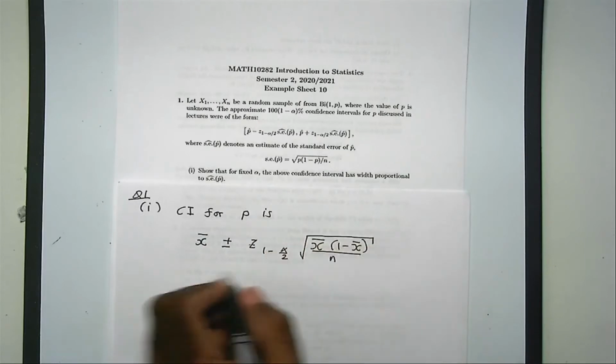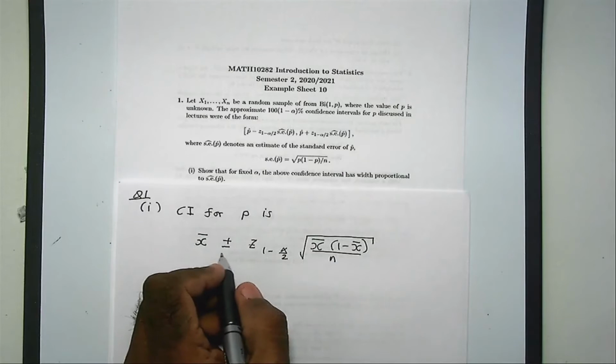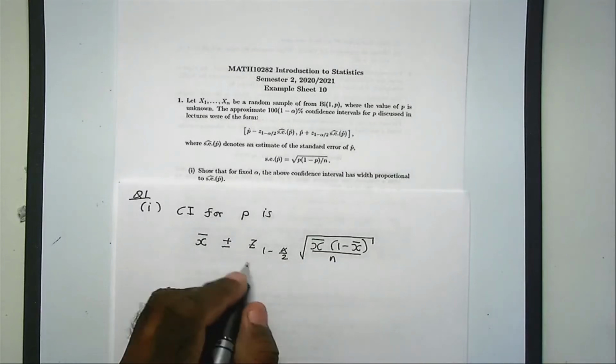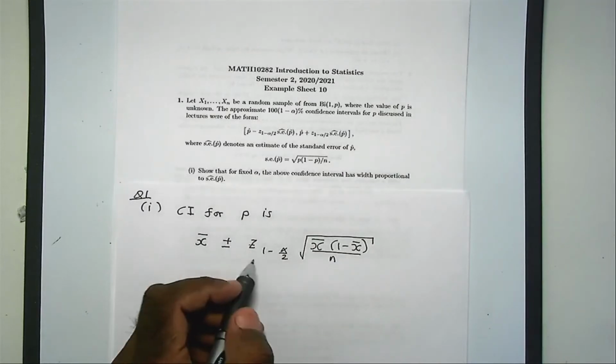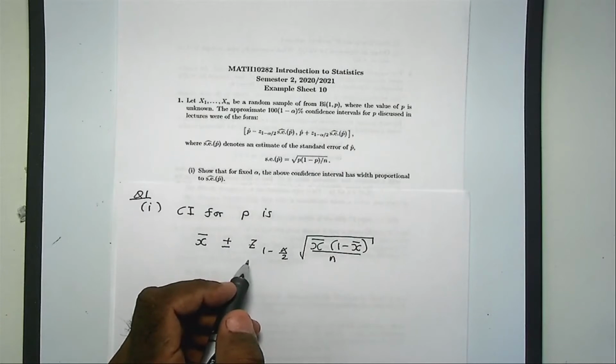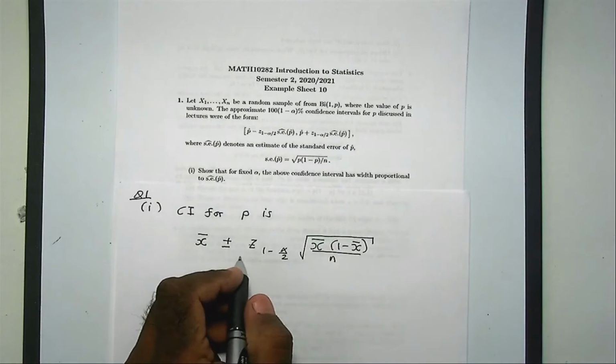You may recall this from the videos. This is the formula I gave you for the 100 times 1 minus alpha confidence interval for p.